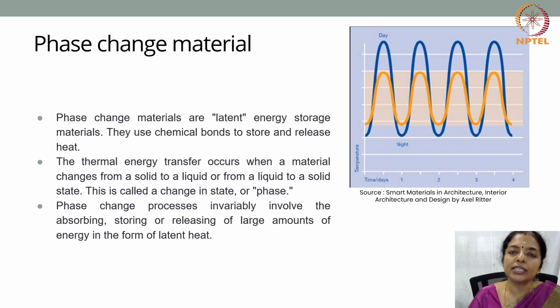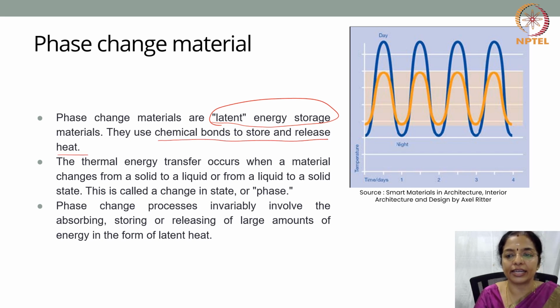A phase change from a solid to a liquid or liquid to a gas and vice versa occurs at precise temperatures. Thus, where energy is absorbed or released can be predicted based on the composition of the material. So, a phase change material has a lot of latent energy storage in it. They use the chemical bonds to store and release the heat.